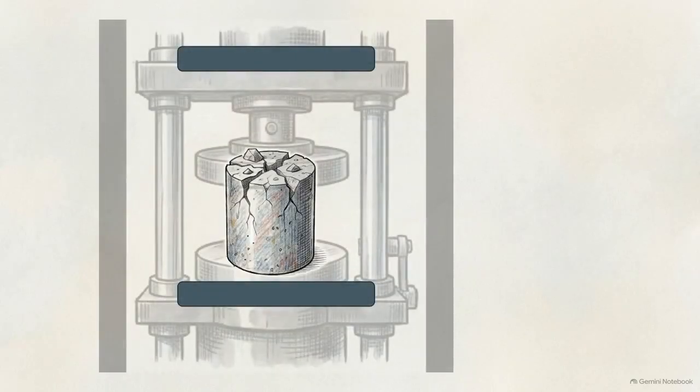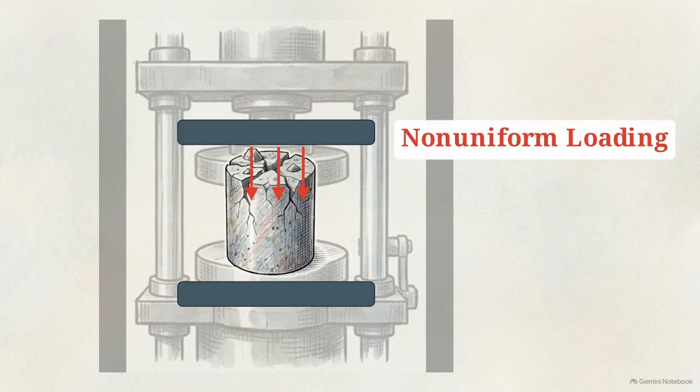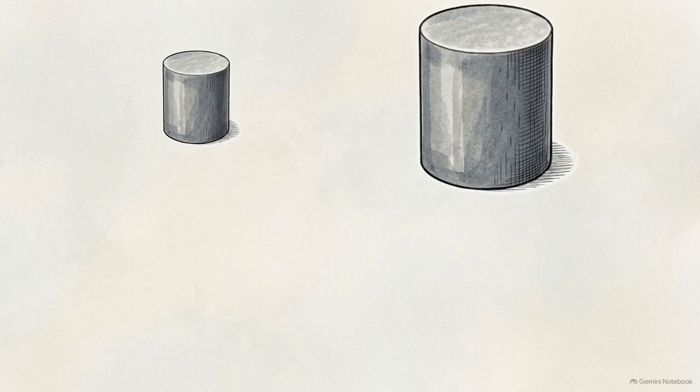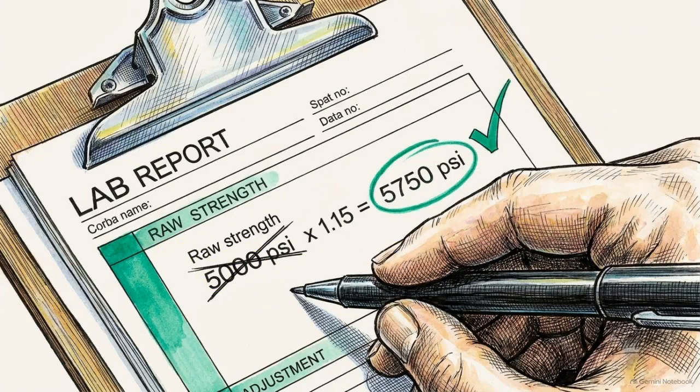If you place a poorly prepared, jagged core into the machine, the hydraulic plates apply pressure at irregular contact points. This creates non-uniform loading, forcing the core to break prematurely and yielding an artificially low strength result. When a core's dimensions fall outside the standard reference geometry, such as an unusual length-to-diameter ratio, the standard requires the application of specific mathematical correction factors to make the result valid.